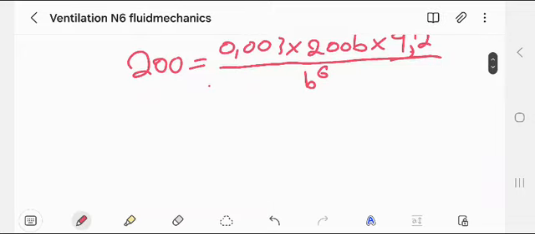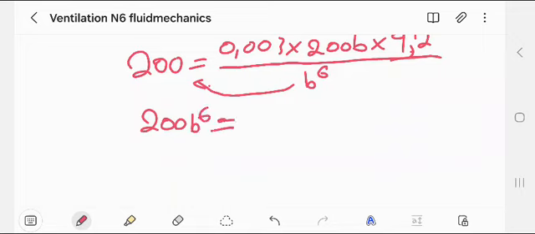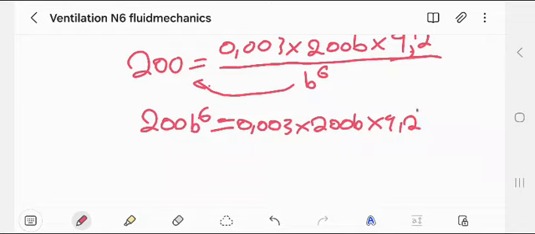So this is multiplied there, that 200 by b will have 200b to the power of 6, and this will be equal to 0.003 multiplied by 200b times 9.2 squared.